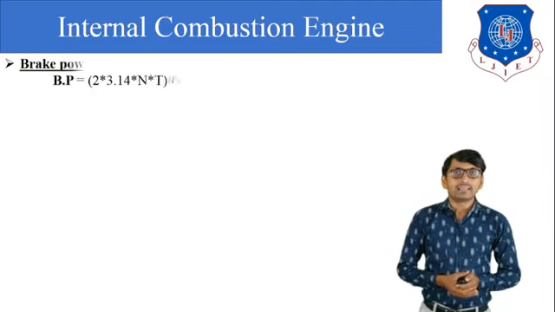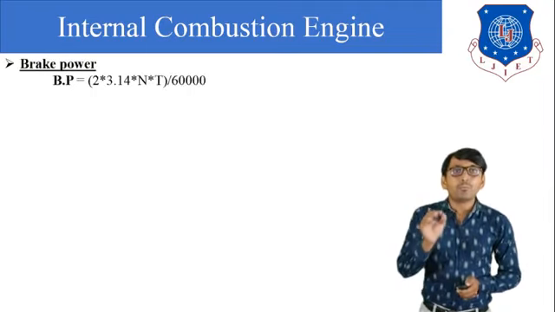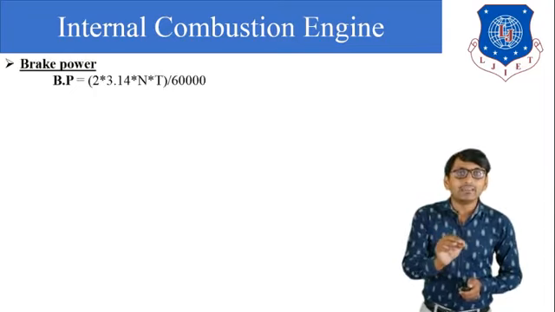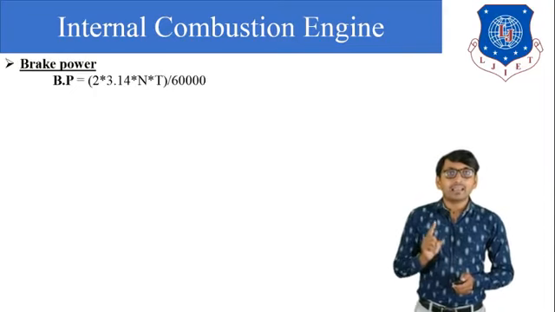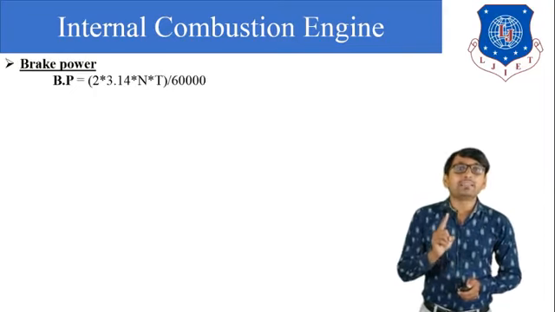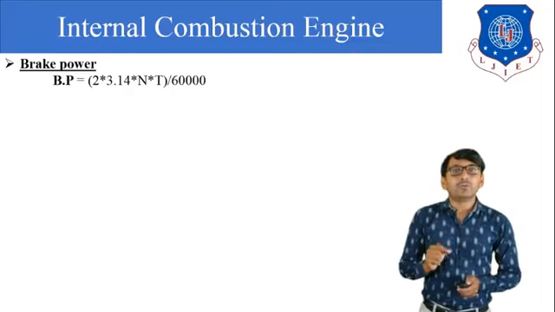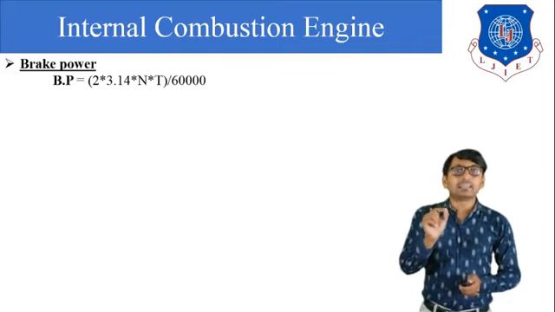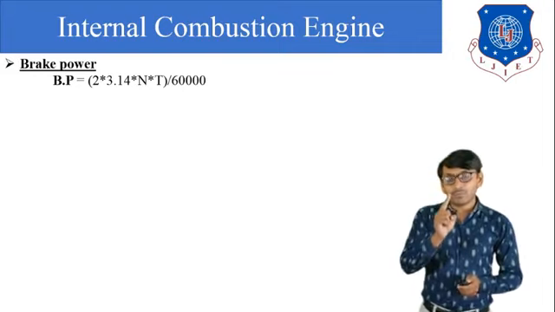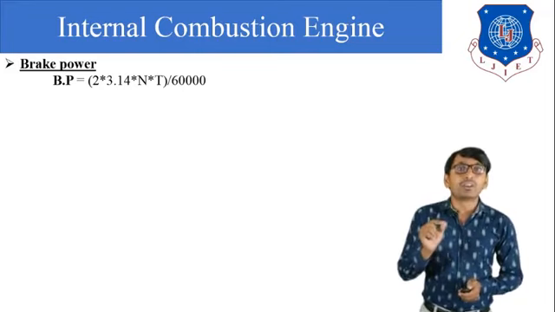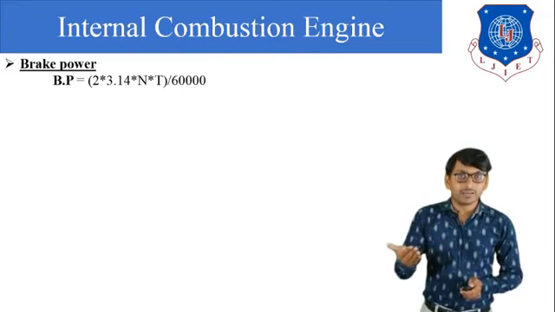Okay. Then second one, brake power. So brake power is equal to 2 pi nt divided by 60,000. Here n, that is capital N. In the indicated power formula there is a small n; in the brake power formula there is a capital N. And what do you mean by T? That is the torque developed by the engine.